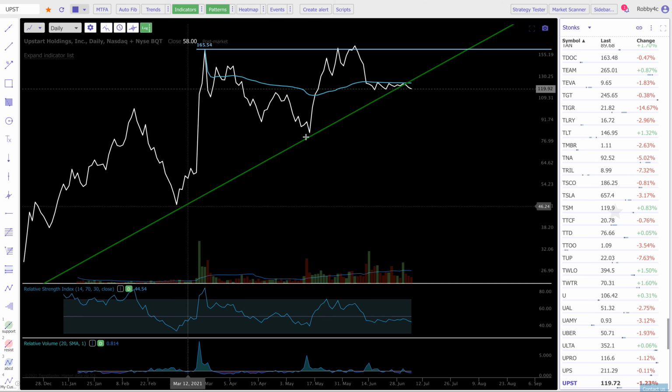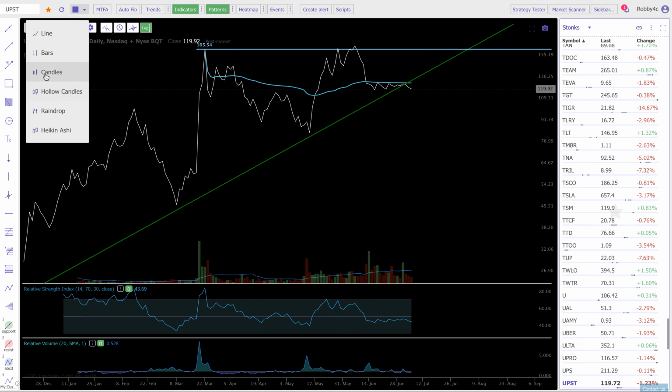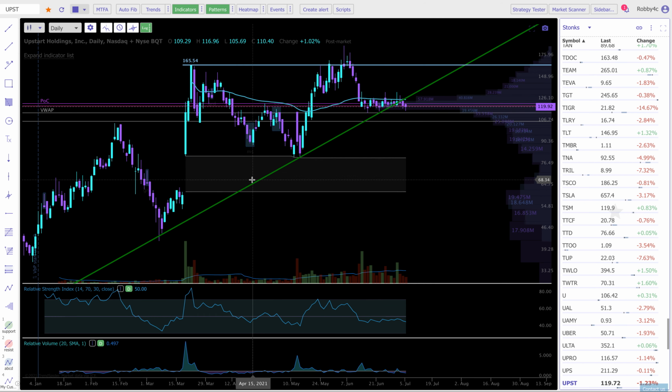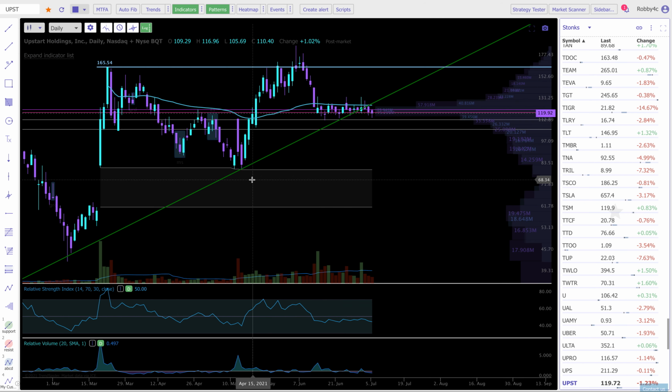It didn't touch here, didn't touch here, and now it has this weird little line coming down. You can see there's no clear trend happening, and you would never think to trade this breakdown. The reason is line charts don't really show you the highs and the lows. It just shows you where that period closes.